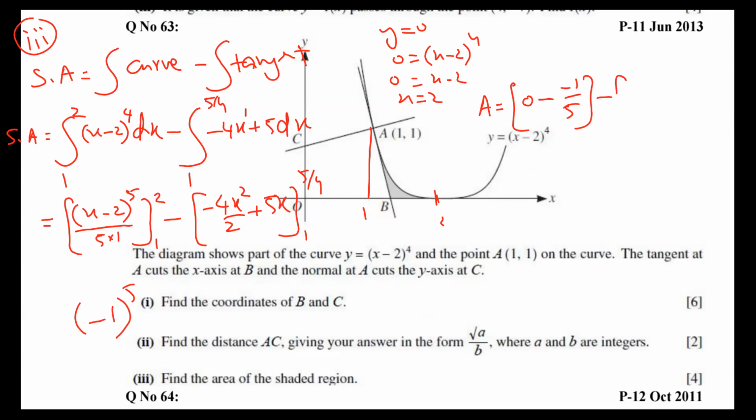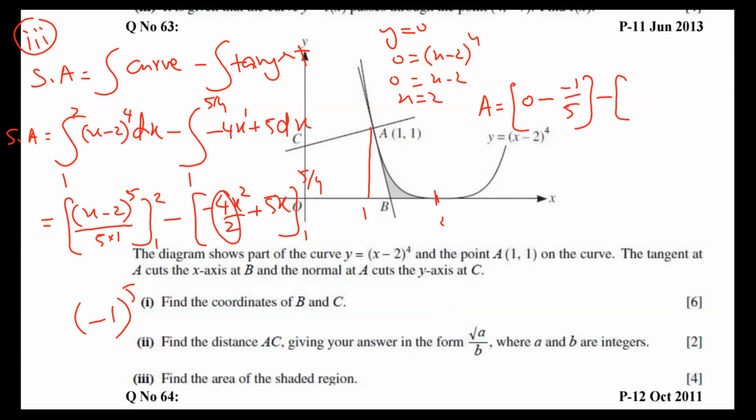Now I'm discussing the second part. Put 5 over 4 here. Here there is a lot of chance of mistake, so we have to be very careful, especially use a calculator and use brackets. For example, put this one, and this 4 and 2 cancel out.